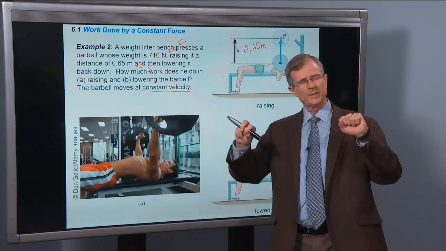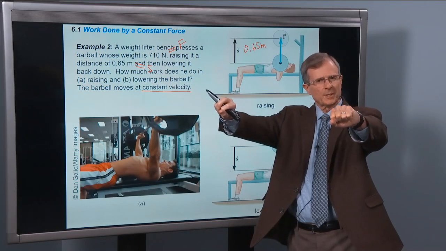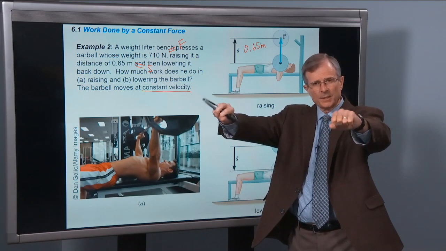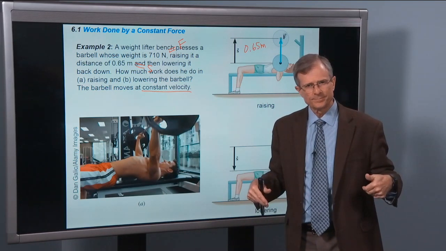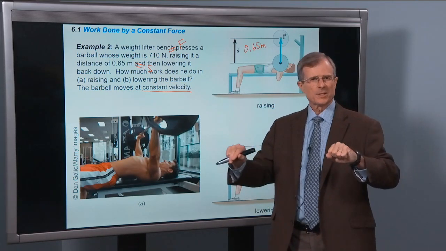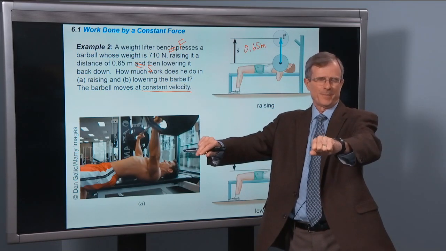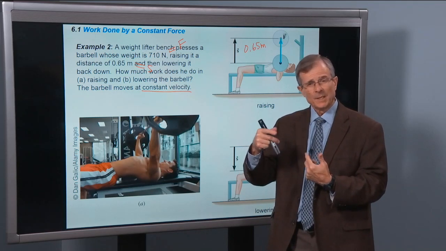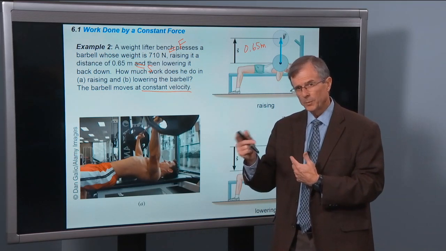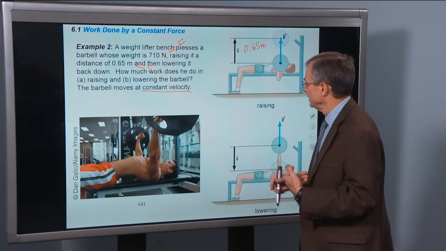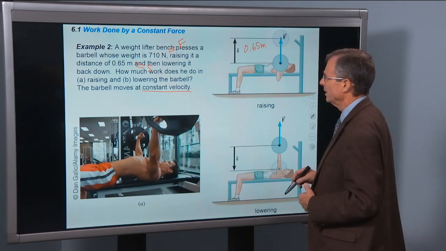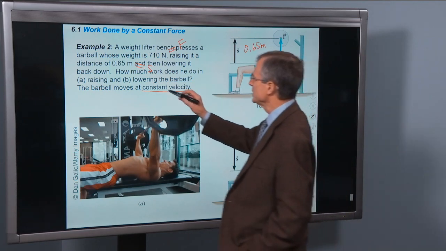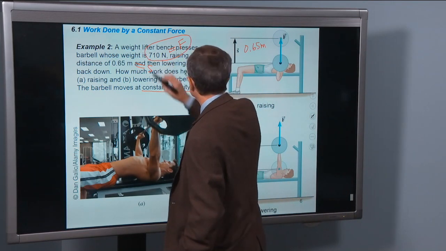There's the force of the weightlifter pushing up on it, that's what we're calling the force F, and the force of gravity pulling down on it. If the velocity is constant during the whole time, then the magnitudes of those two forces would be the same. If it were accelerating, then one would counterbalance the other. So that's why the constant velocity is pertinent, so that we can set this force equal to the weight.